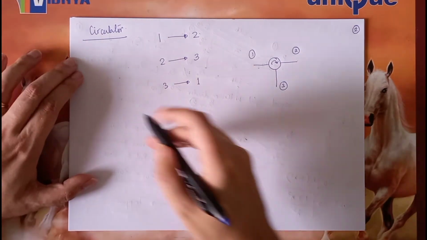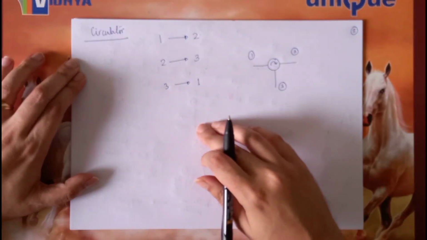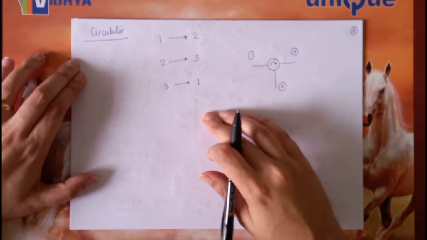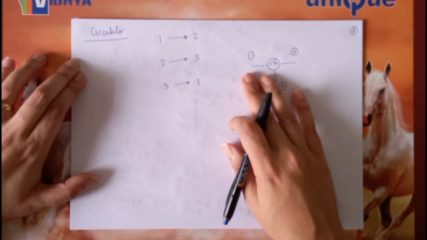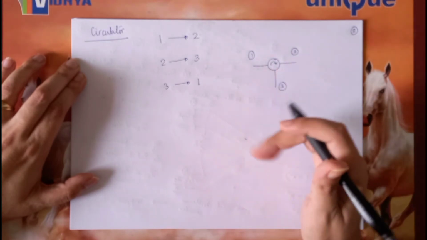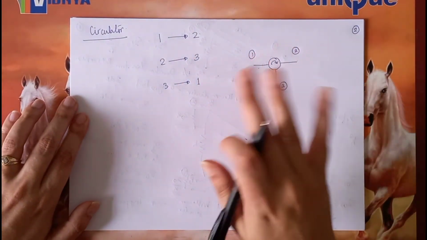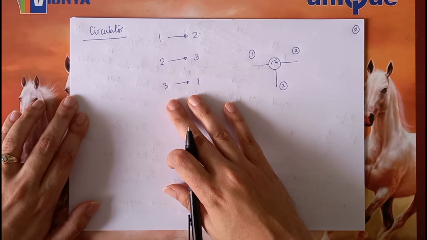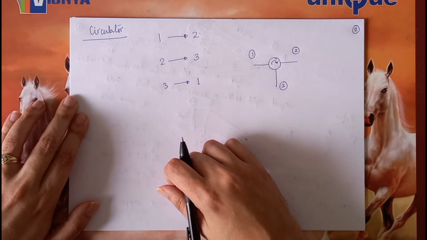So therefore, circulators in the conventional sense were made out of ferrite devices. We will not discuss ferrite devices. They have magnetic properties. So we will just talk about what the circulator is doing as a function and what its S parameters look like.